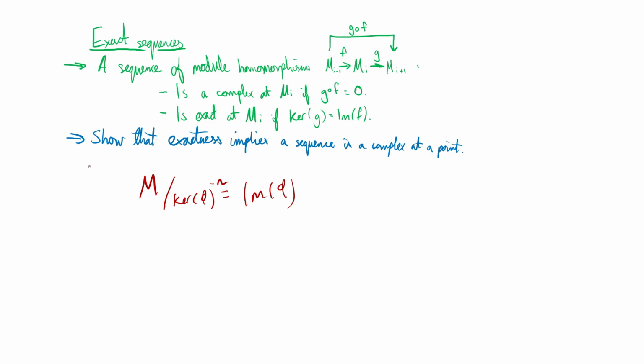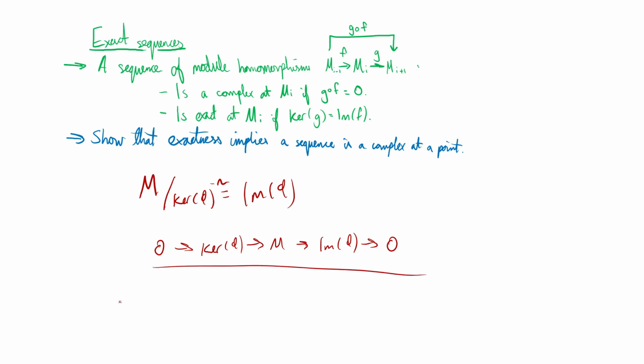This is one of the isomorphism theorems for modules. In other words, this is 0 to the kernel of phi to M to the image of phi to 0. This is a short exact sequence.